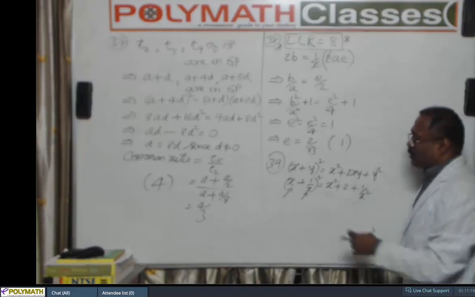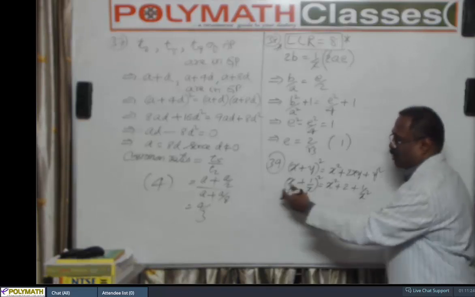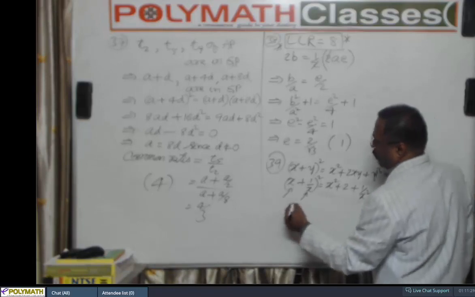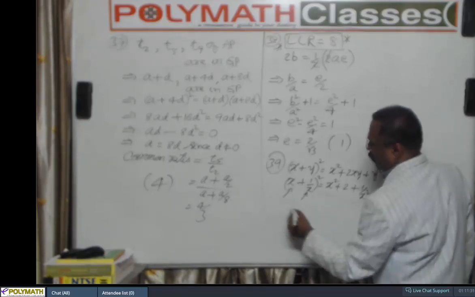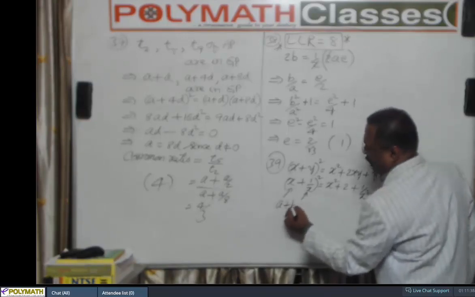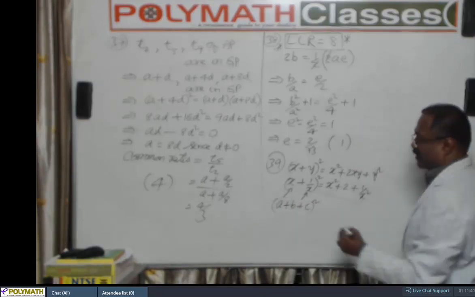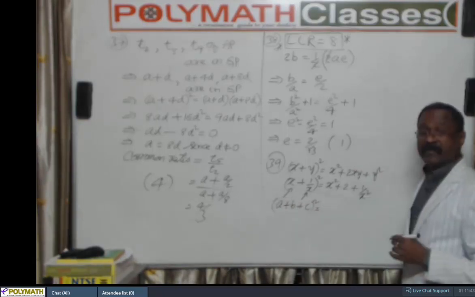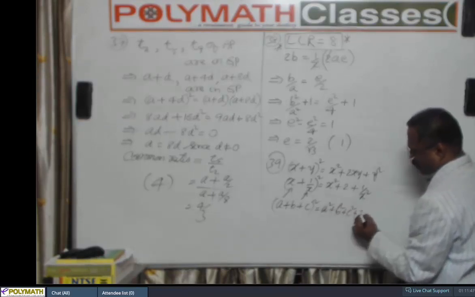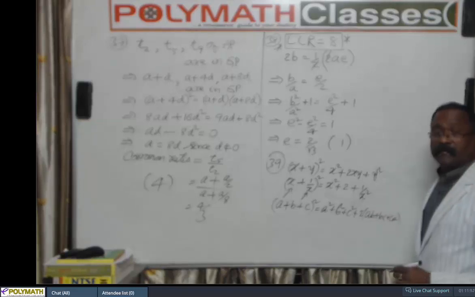But when more terms are given in the base, for example (a + b + c)^2, you know there are 6 terms: a^2 + b^2 + c^2 + 2(ab + bc + ca).